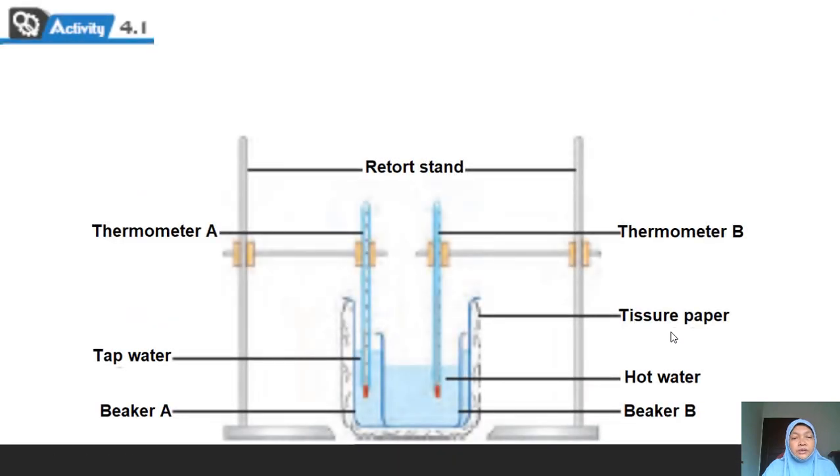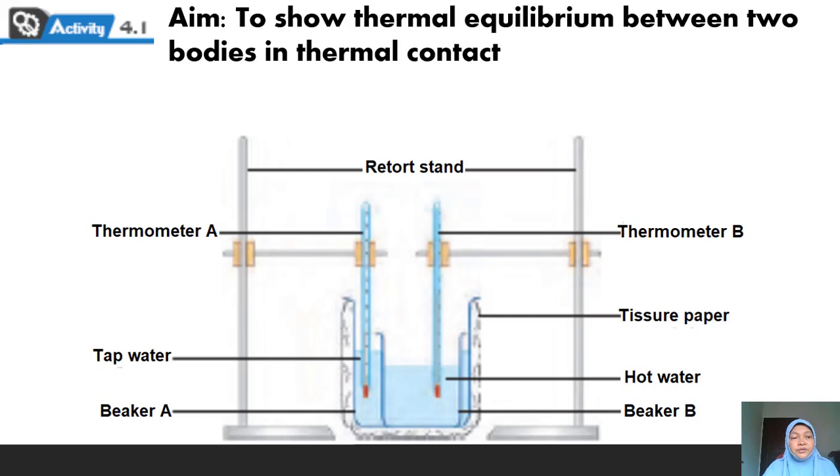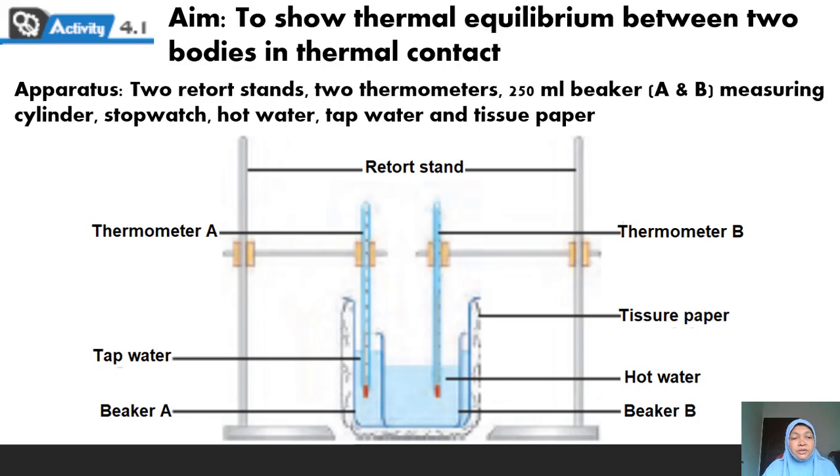Now, we are going to learn the meaning of thermal equilibrium. So we have first activity to show thermal equilibrium between two bodies in thermal contact. The apparatus: 2 retort stands, 2 thermometers, 250 ml beakers A and B, measuring cylinder, stopwatch, hot water, tap water and tissue paper.